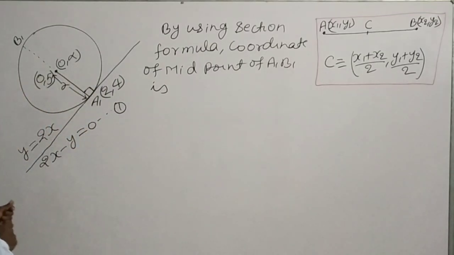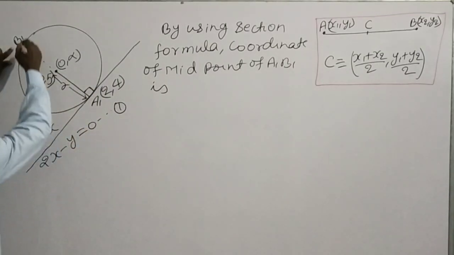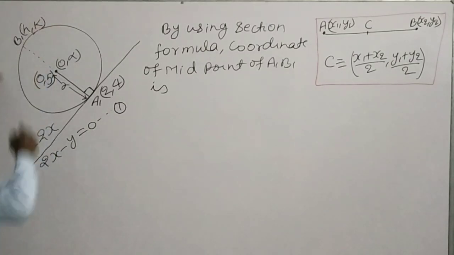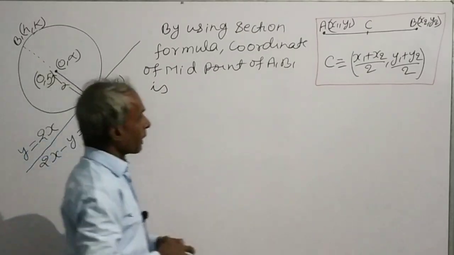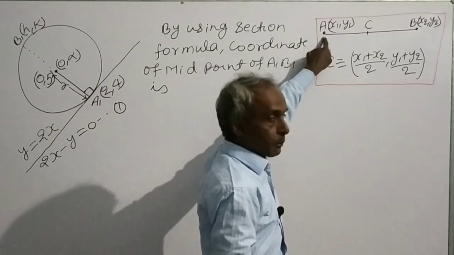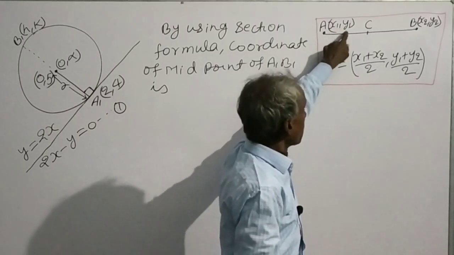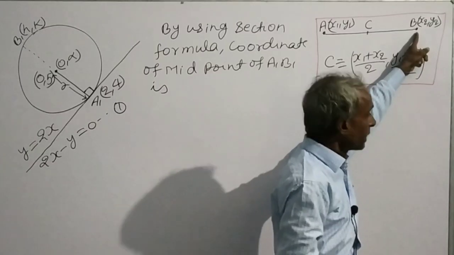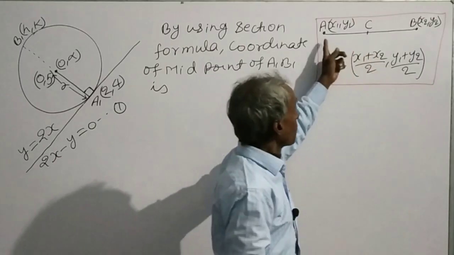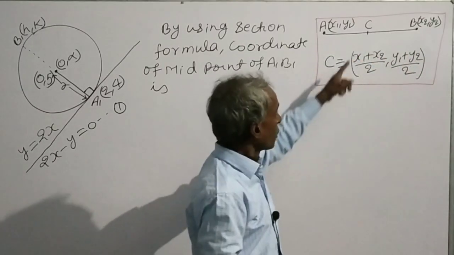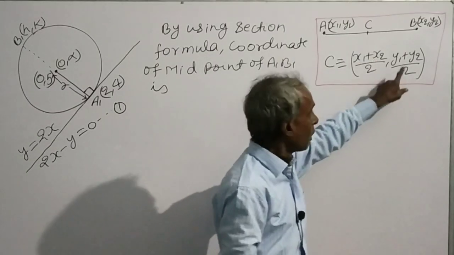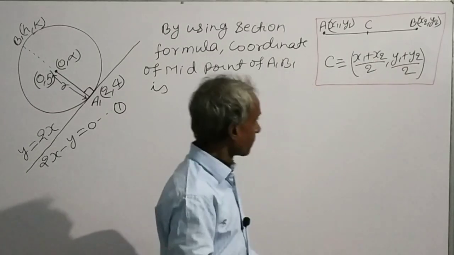We suppose that the coordinate of point B1 is (h, k). Now this is the section formula. If the coordinate of point A is (x1, y1), the coordinate of point B is (x2, y2), and C is the midpoint of line segment AB, then the coordinate of point C will be equal to ((x1 plus x2) by 2, (y1 plus y2) by 2).